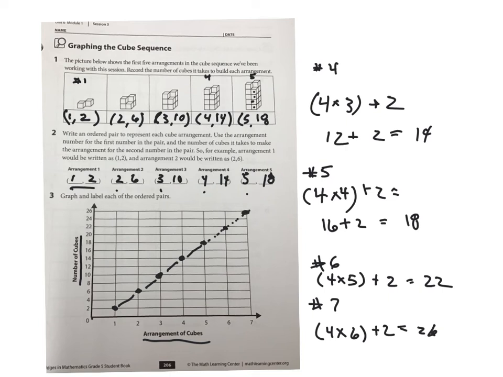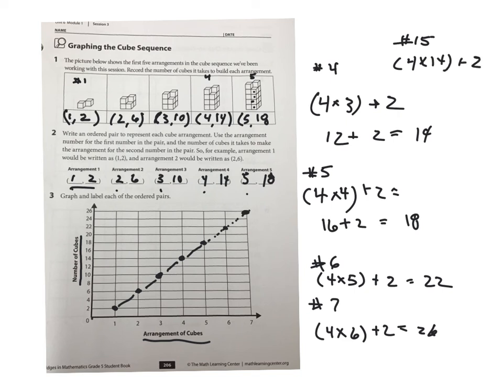Well, that's wonderful. Now, what if they asked a question like, well, what would the 15th arrangement look like? Now, we don't have a graph large enough to find that, but we have our formula. We know each layer has 4, and there was one fewer layer than the number of the arrangement, because the top layer only had 2.